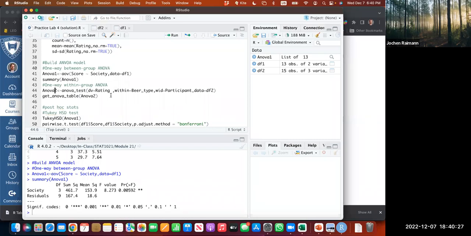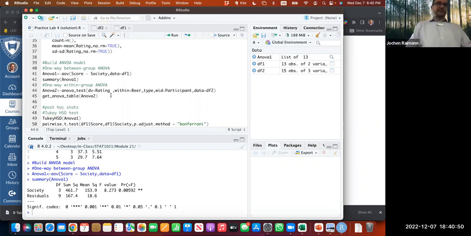So you have a dependent variable, the beer rating. You have within, which is the beer type. And you have wid, that's the participant ID, because each participant has an individual number. And this refers to the data, DF2, which is your data frame.